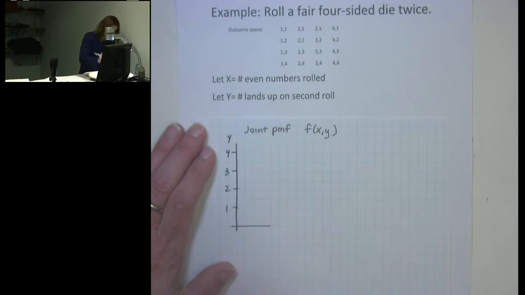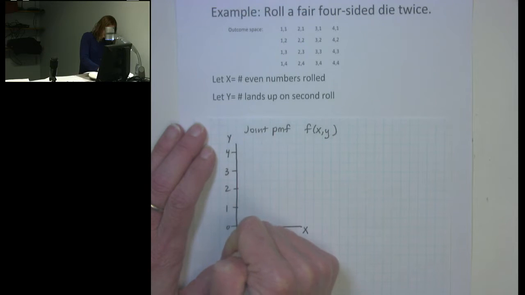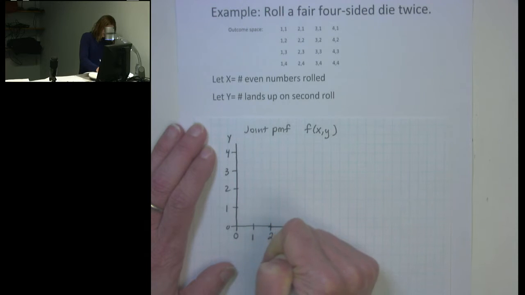There's our Y. And X is the number of even numbers rolled, so we might roll no even numbers, 1 even number, or 2 even numbers.